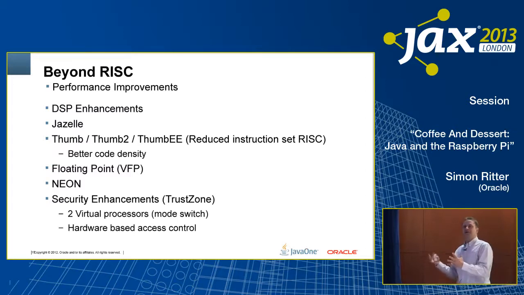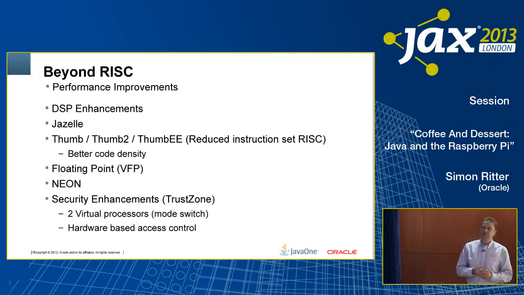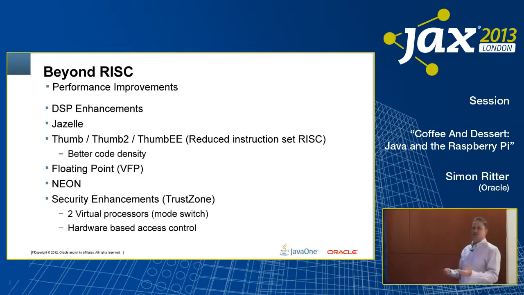So you'd think, great, all we have to do is throw our bytecodes at this silicon on the chip and we'll get superb performance out of it. But it turns out it's not that good an implementation of the bytecode processor. So by running the JVM, you actually get better performance because it can do all sorts of interesting things like adaptive compilation and aggressive method inlining, which gives it a better performance profile.